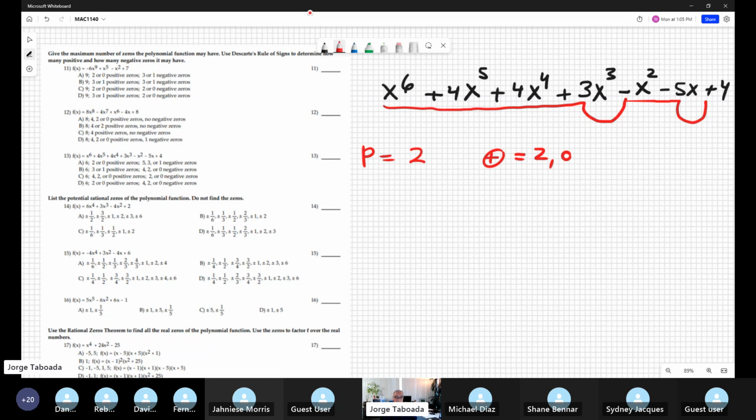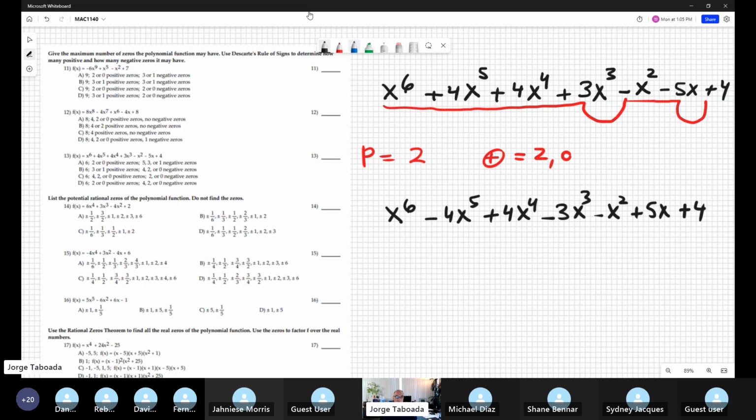And what about M? Well, before doing M, I need to make a reflection. x to the 6th minus 4x to the 5th. Remember, one more time I explain: the odd exponent changes sign, the even exponent no. Plus 4x to the 4th power minus 3x cubed minus x squared plus 5x plus 4.